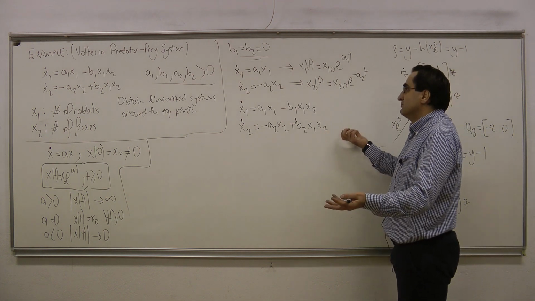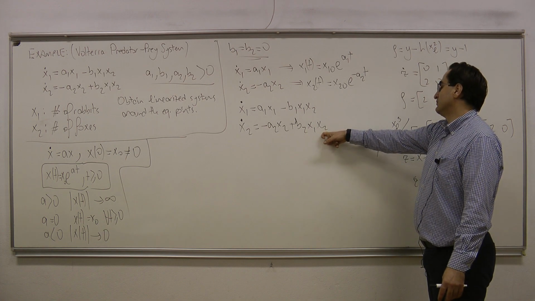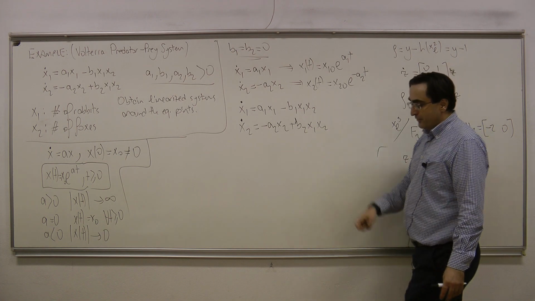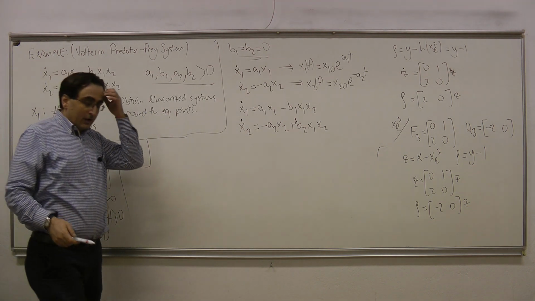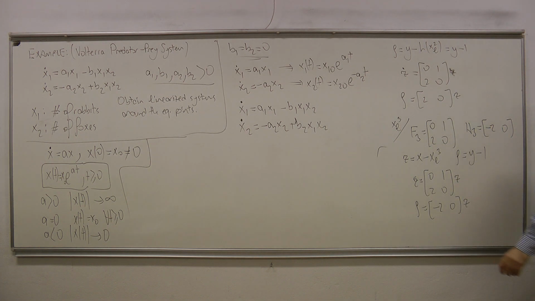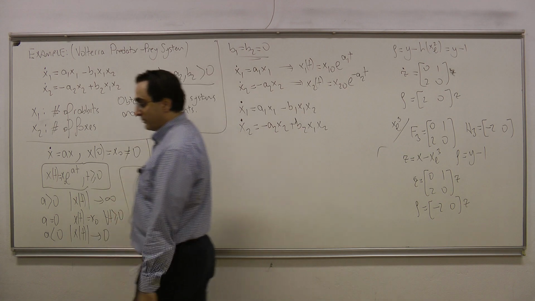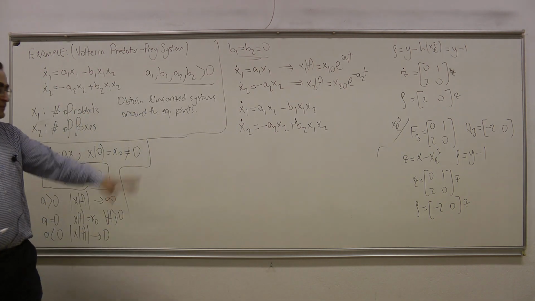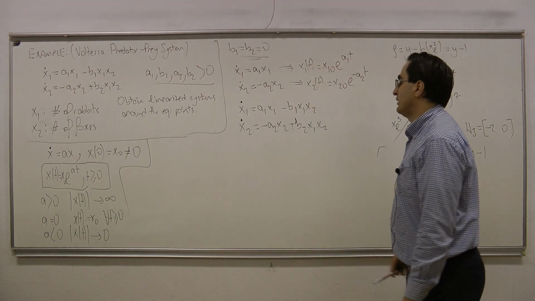So fleet, no, not. Anyway, it's English knowledge, not related to nonlinear control. If x2 is large, then they might actually form some teams to hunt the rabbits, and it's going to be better for them. Their number might increase. So this is the Lotka-Volterra predator-prey system.